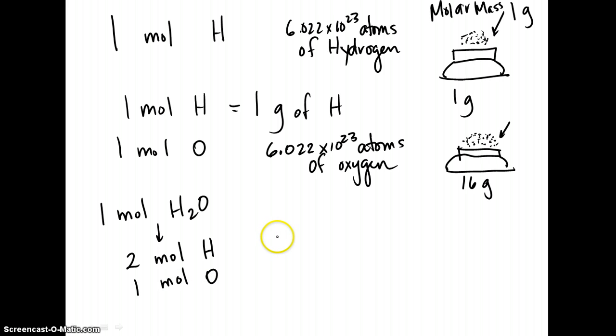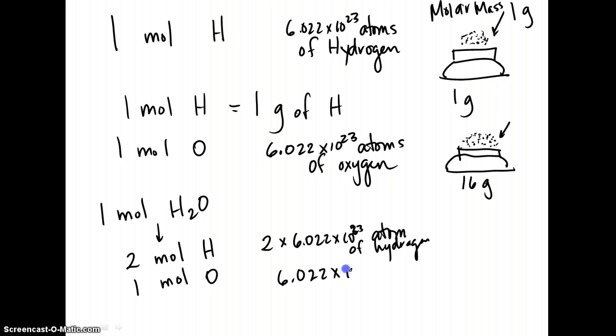We know that if we have double the moles of hydrogen, we need to have double the atoms. So that's 2 times 6.022 times 10 to the 23rd atoms of hydrogen. And this here is just 1 mole, so that's 6.022 times 10 to the 23rd atoms of oxygen.